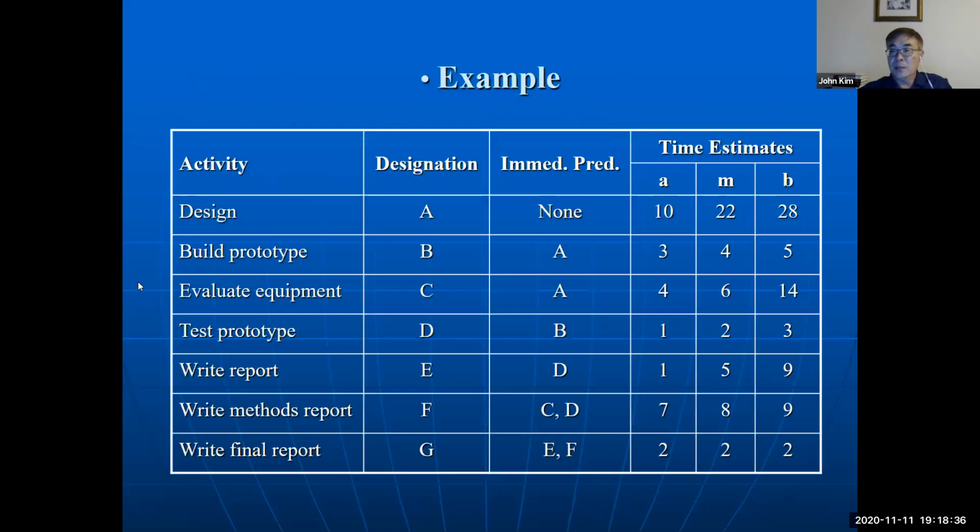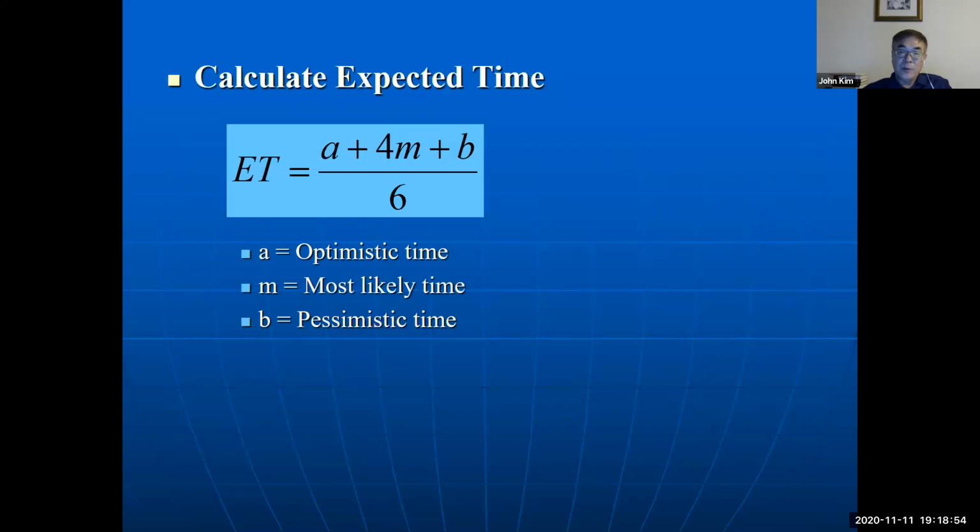So, a similar example: there are 7 activities in this project, and similar immediate predecessors. Using immediate predecessors, we can draw a network diagram. But we don't know the single time.